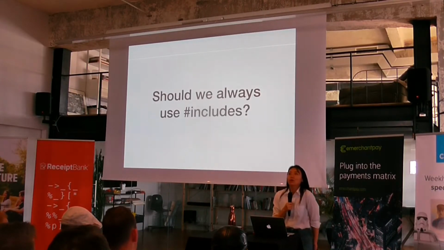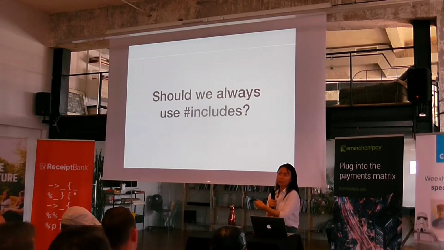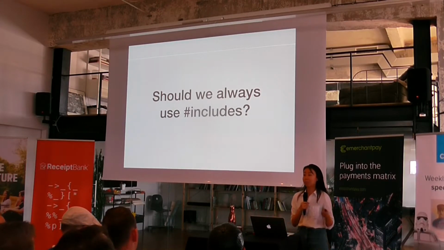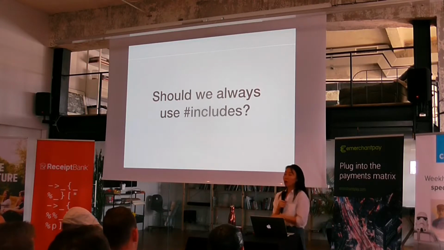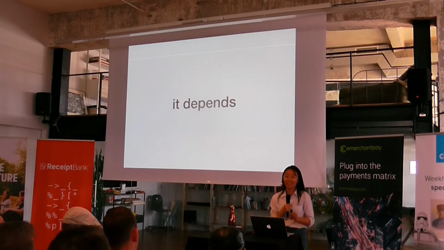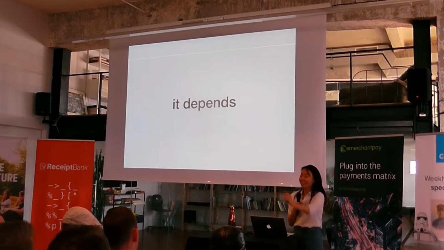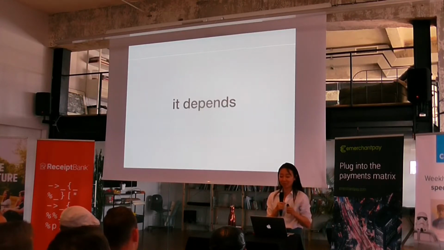Okay, so we've said that N+1 queries are bad, and we know that includes, either load, preload, that these are solutions to N+1 queries. So should we always use includes? Well, it depends. Of course it depends. Every programming problem, really.